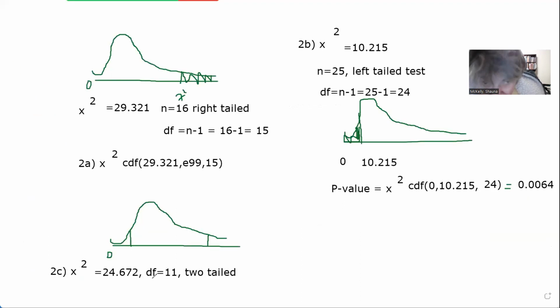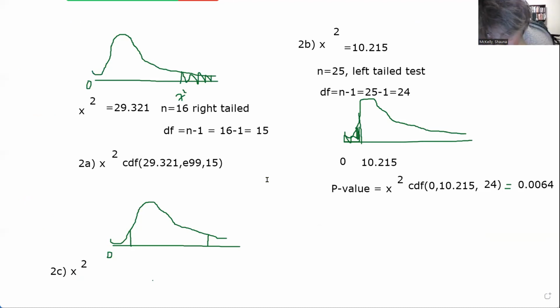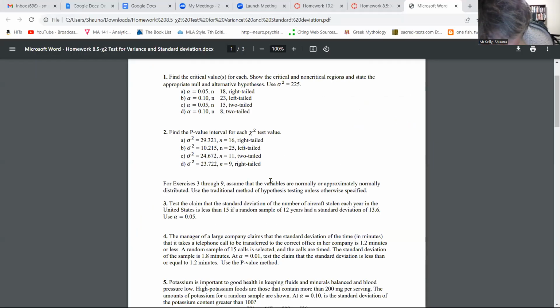My N is 11. I think I put DF. Let me change this because I have an error here. Let me go back to the problem. This is N is 11, 2 tail, 24.672.